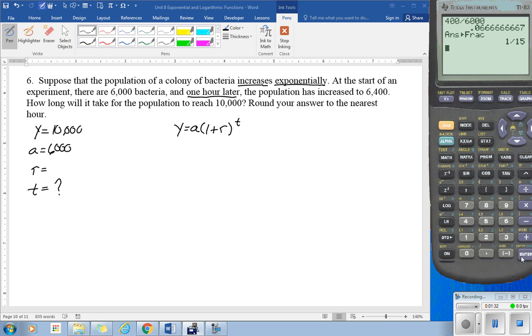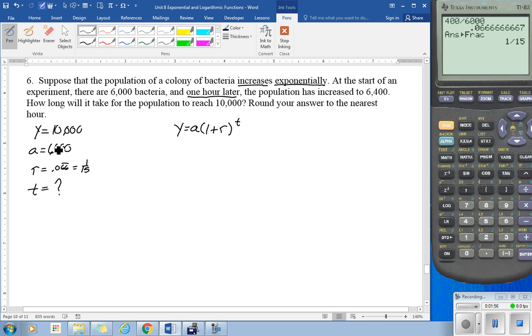As a fraction, it's 1/15, and that's kind of tricky to work with. We almost always plug that in as a decimal, and you could just do 0.0666 repeating, or you can do the 1/15. I'm going to put it in that way, just to make sure I don't have any rounding issues. It's 0.066 repeating, which is equivalent to 1/15.